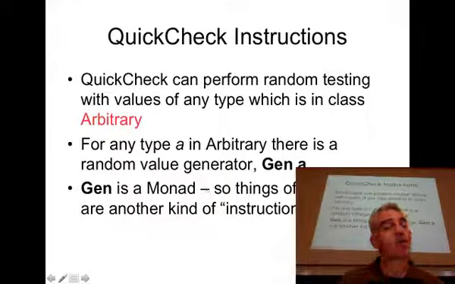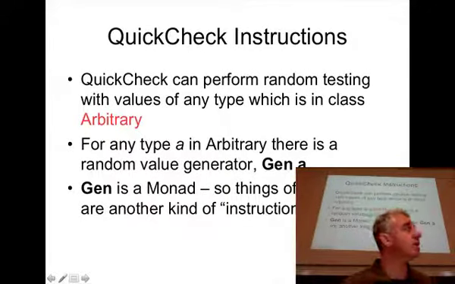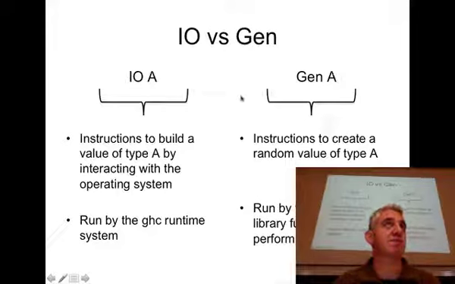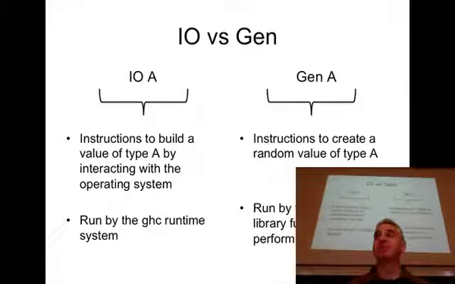So these are instructions that can be built using the same operations that we use to build things of type IO. Namely, we can use do notation, we can use functions like return, and so on. Okay? So the analogy is that these are somewhat similar kinds of things in the sense that they are a data type, an abstract data type.